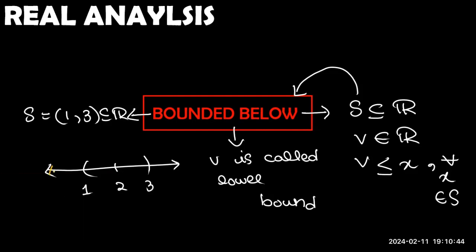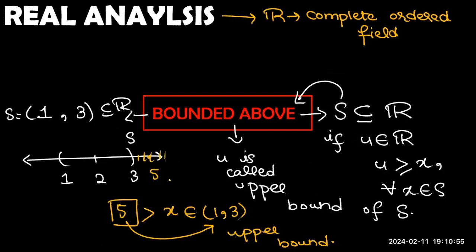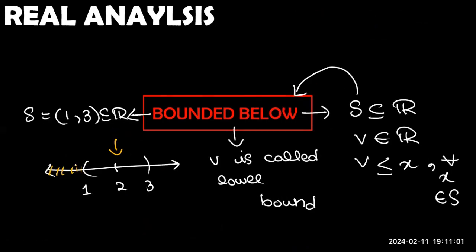All the numbers to the left of the interval are smaller than all the elements of S. So if I take any number there, for example -1 or 0, then you can see that -1 is less than all the elements x of the open interval (1, 3).